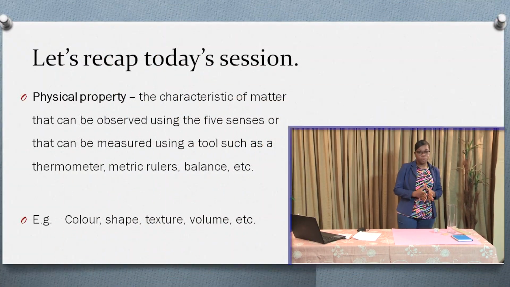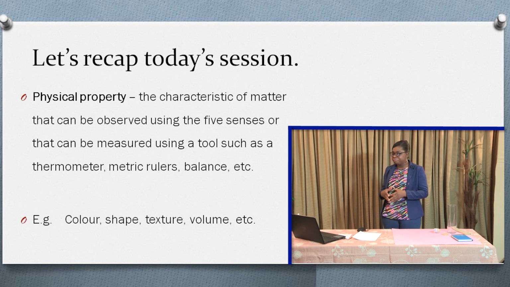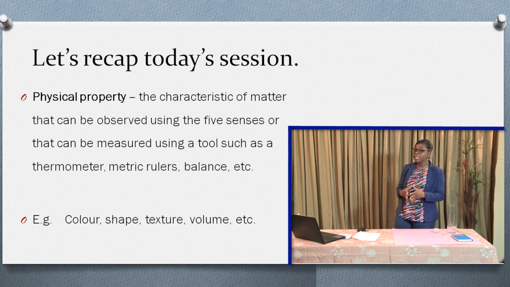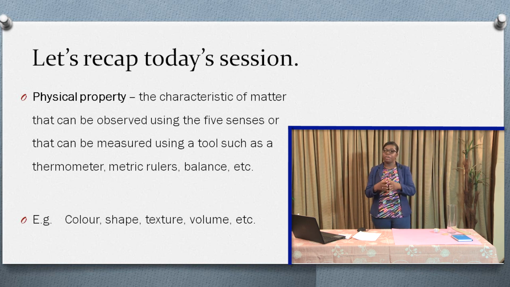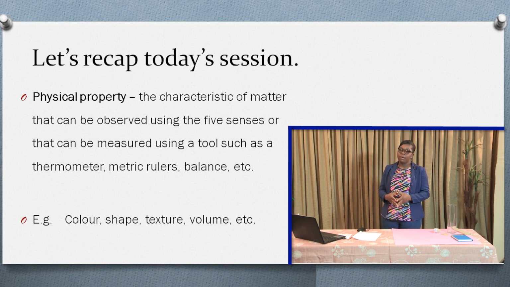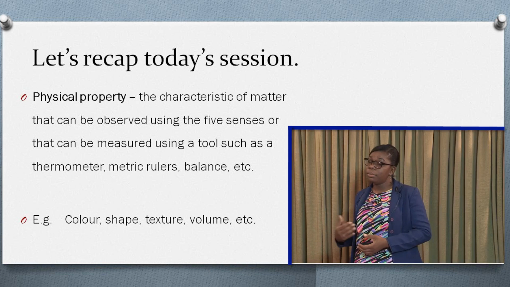So, let's recap what we would have learned today. We would have learned that a physical property is a characteristic of a substance that can be observed using the 5 senses or be measured using a tool.